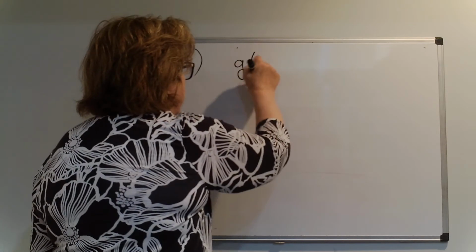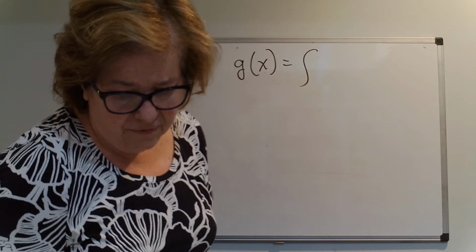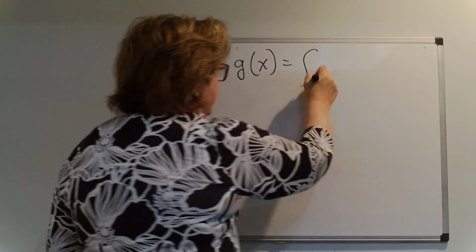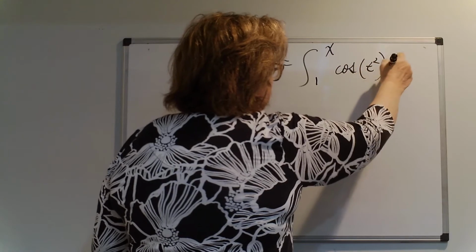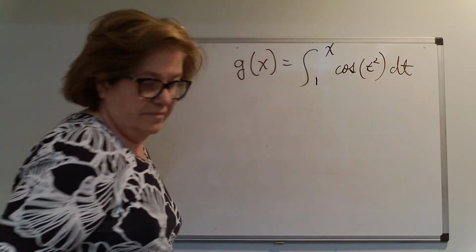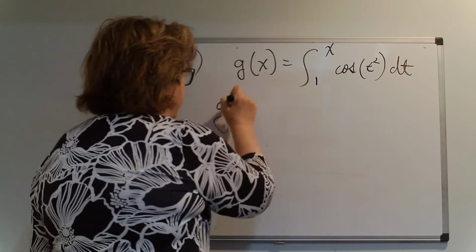So here's the function. Integral of 1 to x cosine of t squared dt. Okay, and I want g prime.